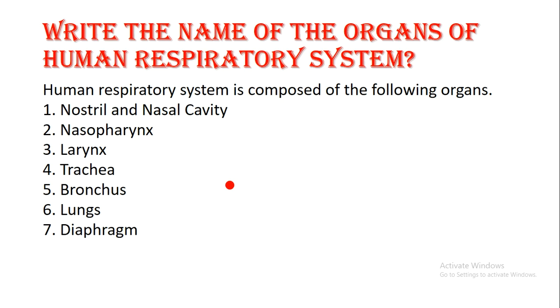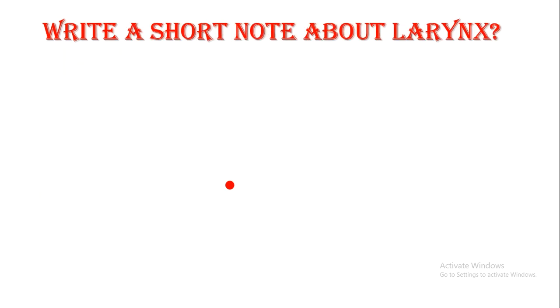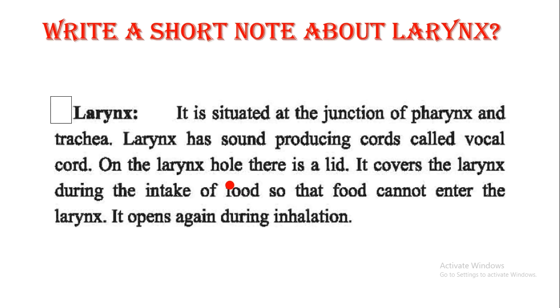So my dear students, now we are going to discuss another one, and that is: write a short note about larynx. So here is the answer. Larynx is situated at the junction of pharynx and trachea.